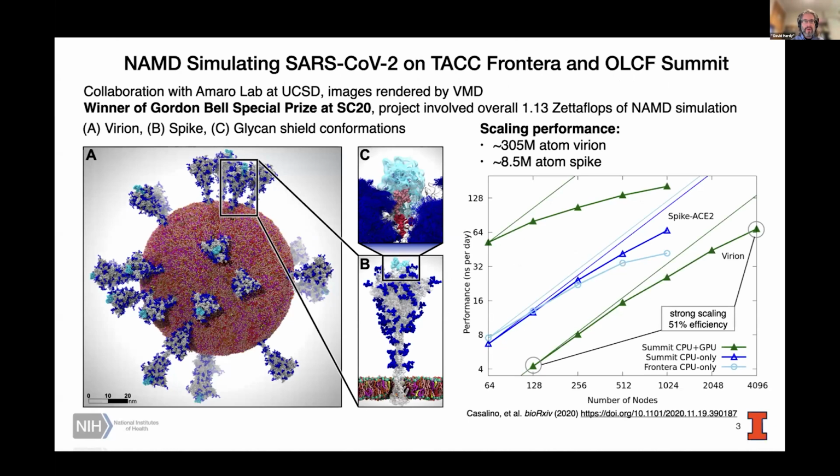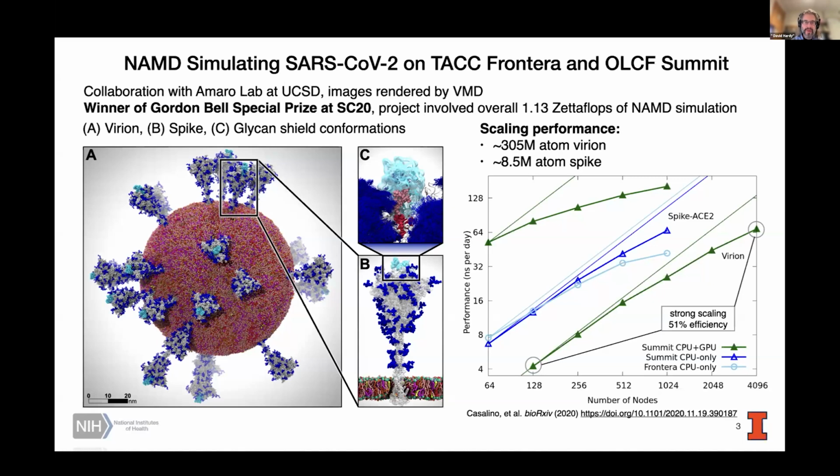This was the first all atom modeling of the COVID virion. We also did a lot of modeling going all the way down to the details of the glycan shield conformations, which were very interesting because that's where you understand how COVID infects the cell and what you might be able to do to disrupt these infections.